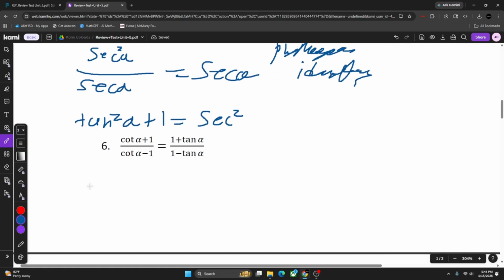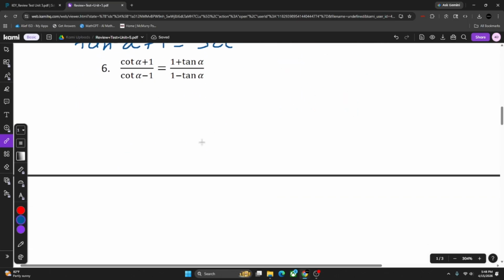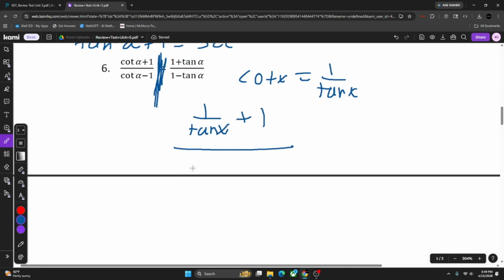So yeah, and then this one's a little more complicated. You just replace everything with tangent. So we just focus on this one real quick. Cotangent x equals 1 over tangent, so there's gonna be a lot of tangents. So you replace it. And then 1, tangent, minus 1.